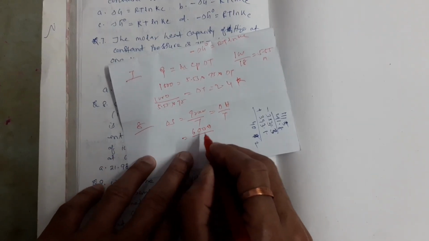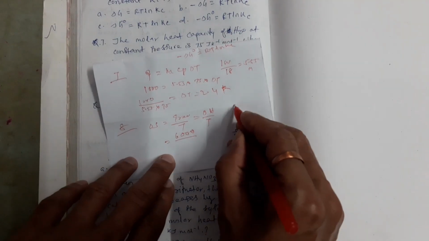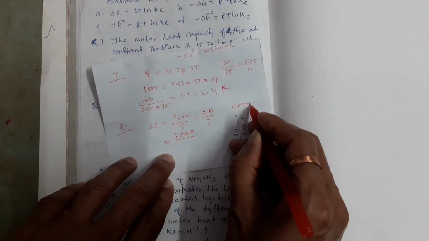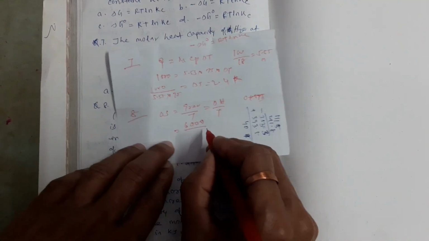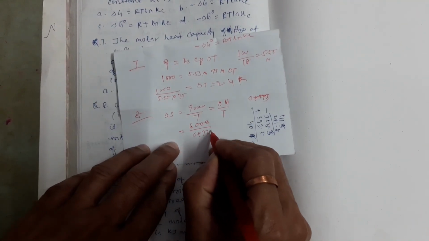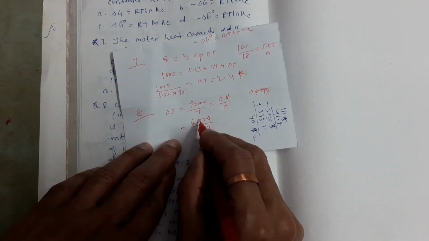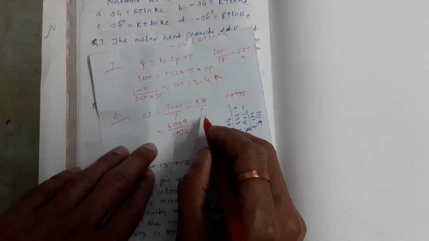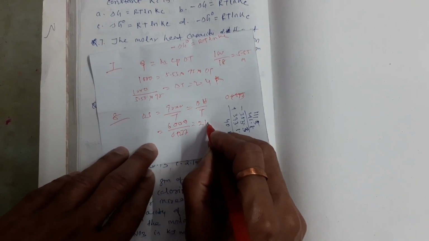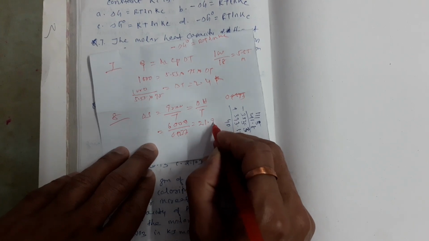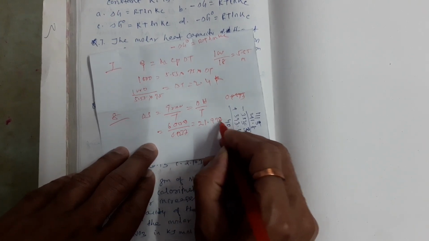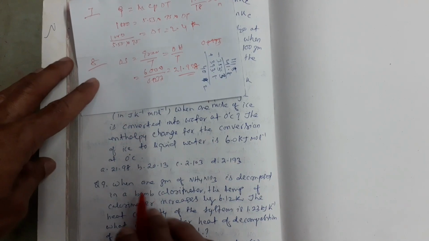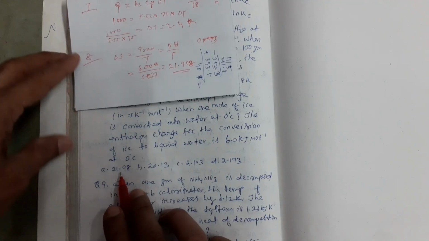Temperature is 0 degree centigrade, so 0 plus 273 Kelvin. When you divide, you will get 21.98. Choice A is the correct answer.